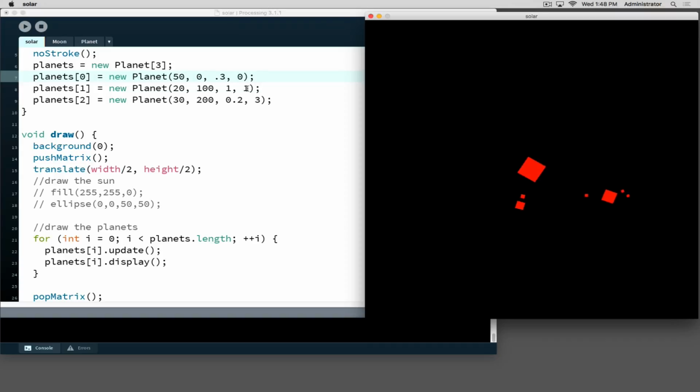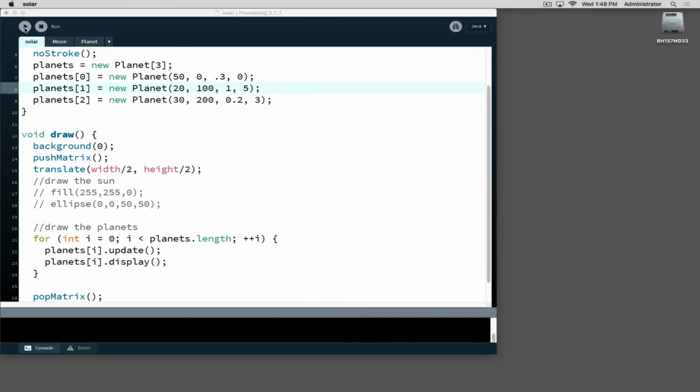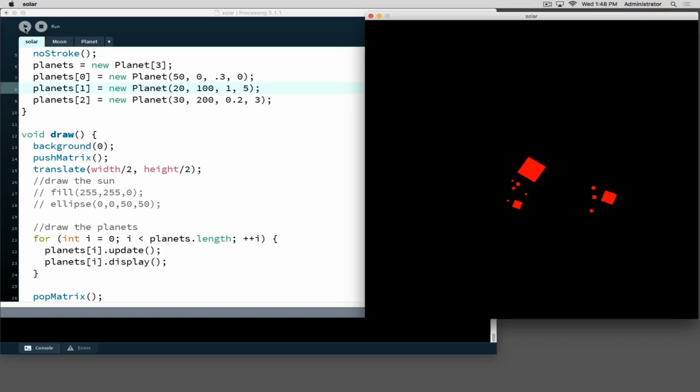If I want more moons to occur on my planet, I could now give that second planet 5 moons. Looks like some of those moons, if that was a sun in the middle, would be burned up pretty quick, or it's a very cold sun.